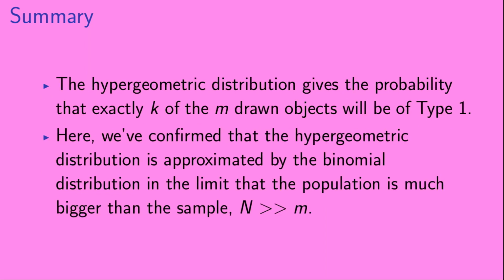The hypergeometric distribution gives the probability that exactly k of the m drawn objects will be of type 1. Here we've confirmed that the hypergeometric distribution is approximated by the binomial distribution in the limit that the population is much bigger than the sample, so where n is much greater than m.